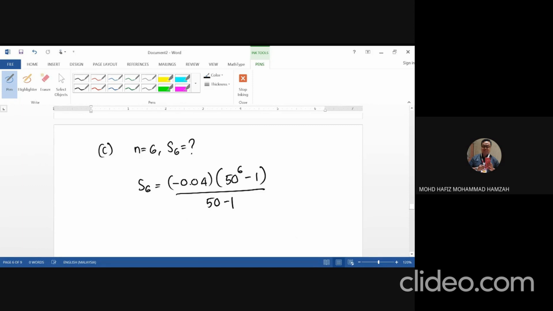So ni pun samalah, buat 50 dulu. 50 kuasa 6 tolak 1 darab dengan negatif 0.04. Okay, lepas tu bahagi dengan 50 tolak 1, 49. Negatif 1, 2, 7, 5, 5, 1, 0, 2.04. So itu nombor ni.